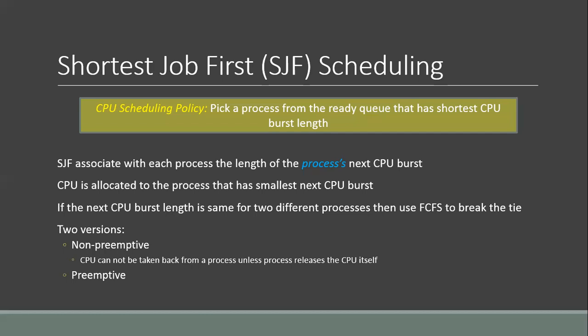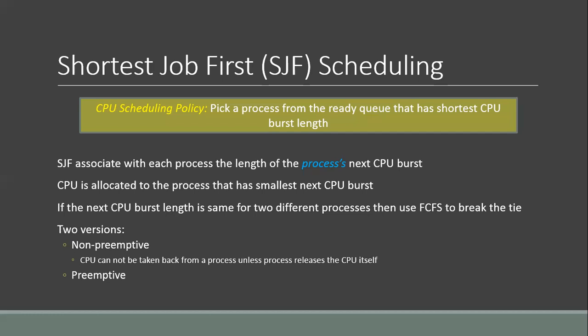This means in non-preemptive variant, if a process has been allocated CPU, then we cannot take the CPU back from this process forcefully. Process will release the CPU itself, either at the end of its execution or if it goes into the waiting state due to some IO request.